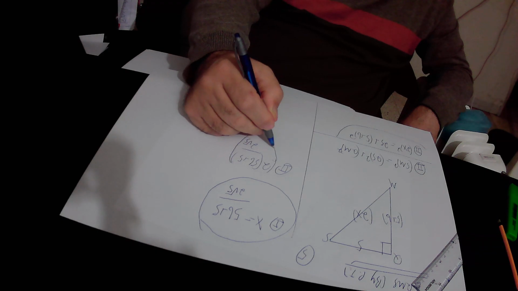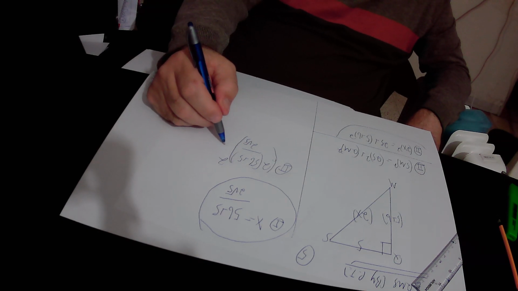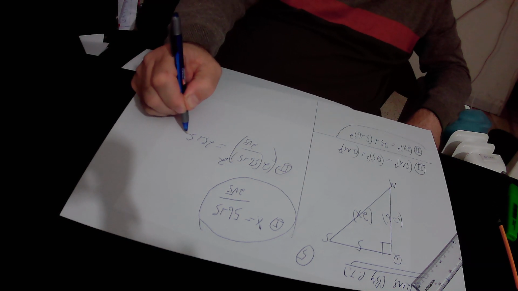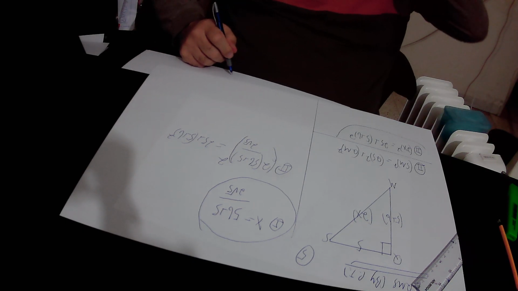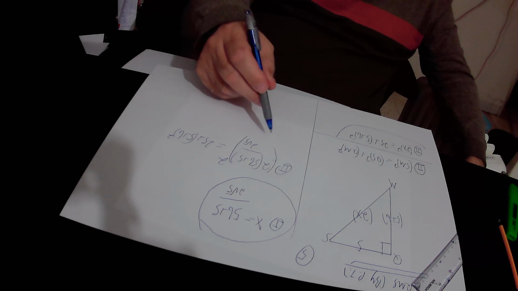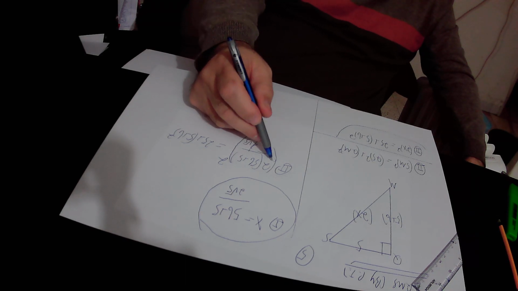So it is 2x squared. It equals 25 plus 5 plus b squared. In this side of the equation, we have 2 in the numerator and 2 in the denominator, so 2 will get cancelled.